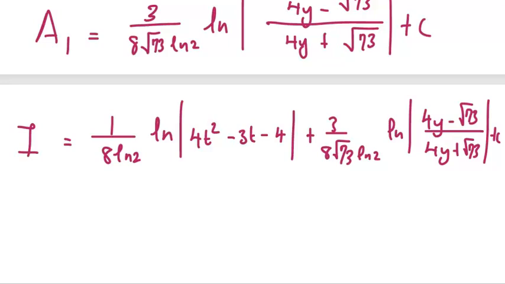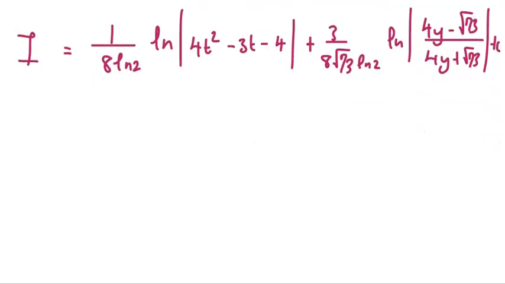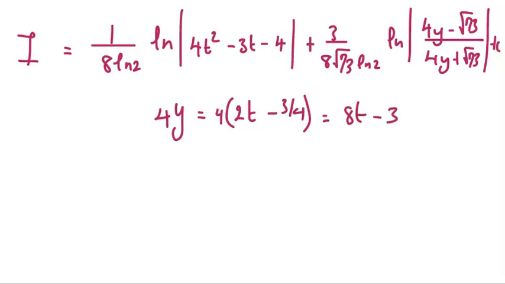From here, we're going to make our necessary substitutions. We know very well that y is equal to 2t minus 3 all over 4, and we see that 4y, multiplying this by 4, gives us 8t minus 3.